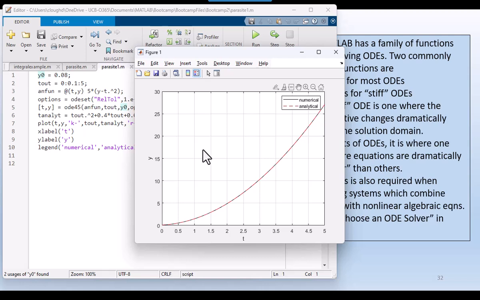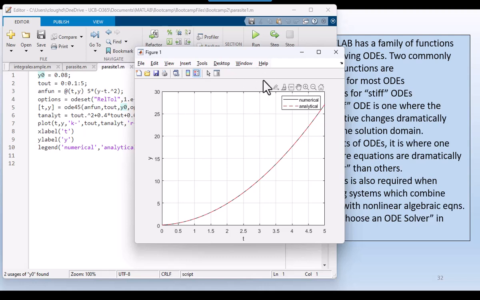And one practical way to check that is to let ODE45 solve the equations in a standard way and then set up solving them with a much tighter error tolerance and make sure that those two yield the same solution, in which case you can go back to the simpler ODE45 and use it. You always need to be a little bit concerned about the numerical accuracy when we're solving differential equations.